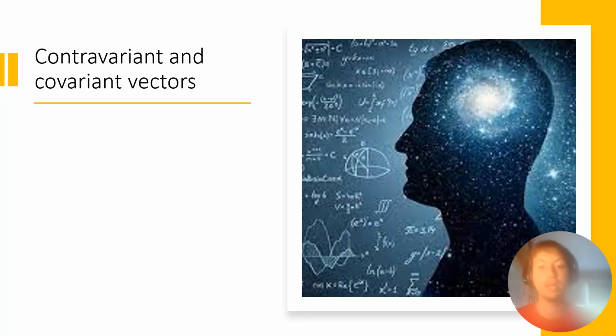Hello, so we're going to have a look at the first bit of maths, which is contravariant and covariant vectors. Now it's worth saying that these are two different types of vectors in the way that we use them in physics. In mathematics, there's another way to represent covariant vectors where you consider them as functions that act on contravariant vectors, rather than vectors in and of themselves.